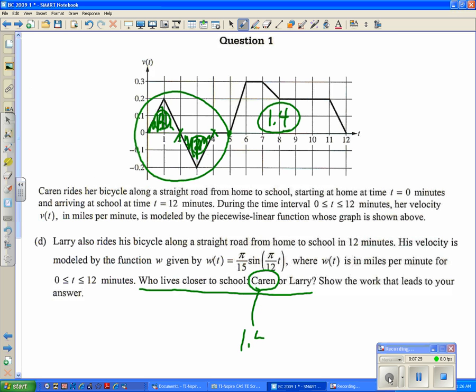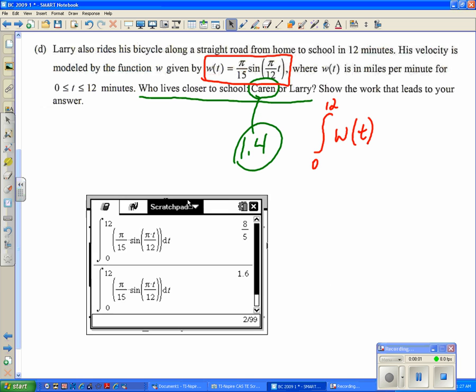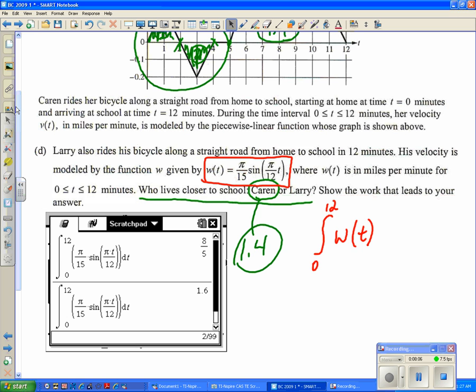Larry, on the other hand, we have now a function that describes his velocity, and that's this rate that we're given in the problem. So we need to compare Karen's distance with Larry's, and Larry's is this integral. So I need to go off and calculate this guy. And in the interest of saving time, I already did that. All right, so I'm going to slide that up here now and talk about it just quickly.